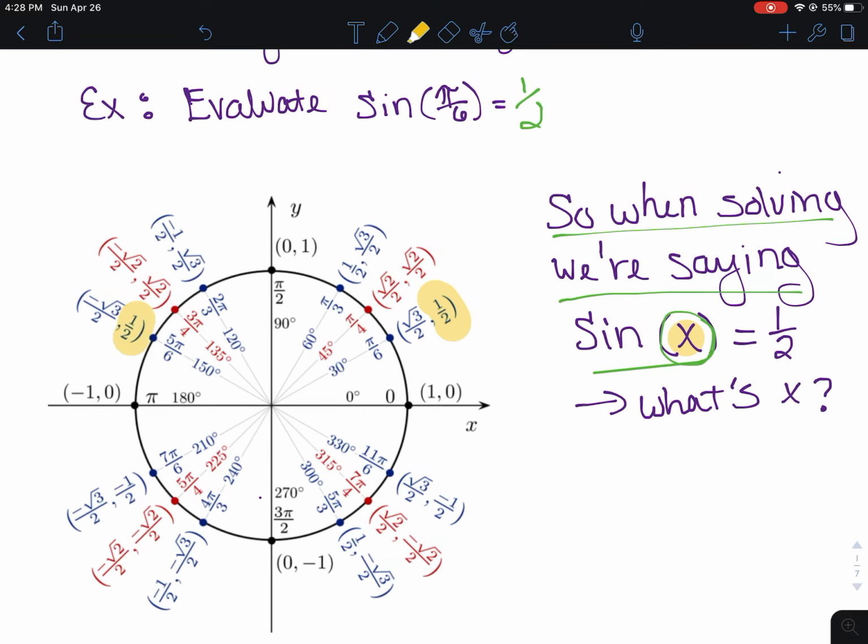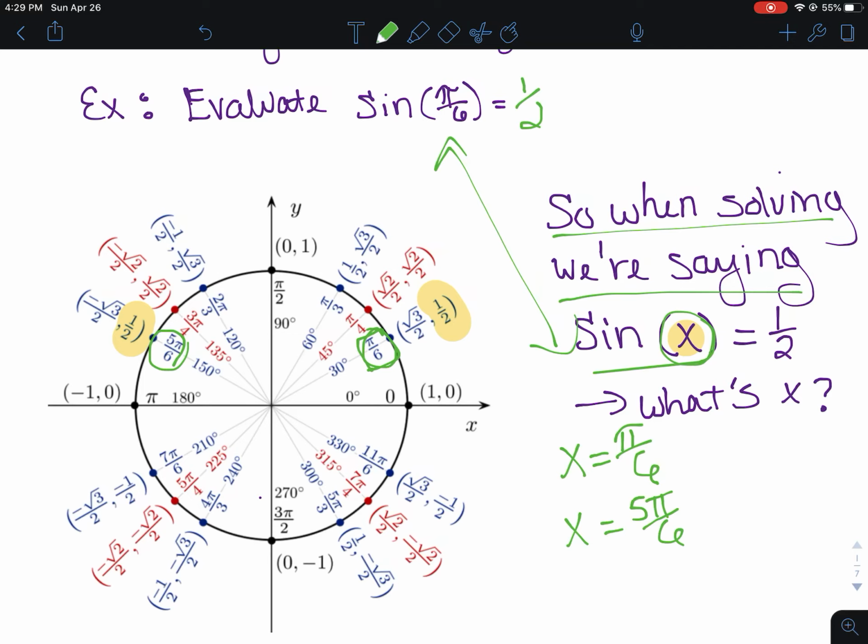And if I go all the way around my unit circle, the sine is actually 1/2 over here as well. So when I get an answer like this, then I know that x has to be the radian value, or degree, but in this case we're going to stick with radians, that created that. So x would be pi over 6, right? These should be equivalent expressions. But x could also be 5 pi over 6, right?